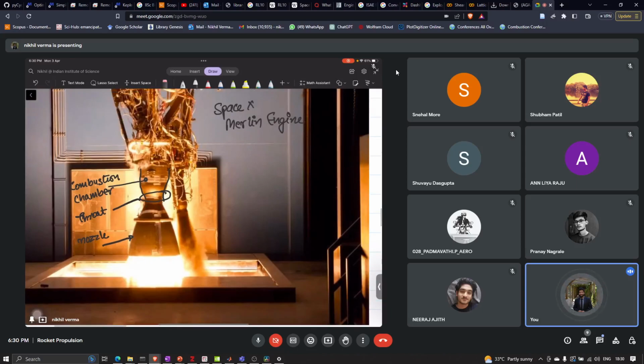There is this part, I hope you all can see this, which also eliminates some of the exhaust gases.